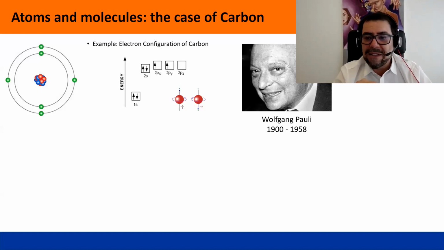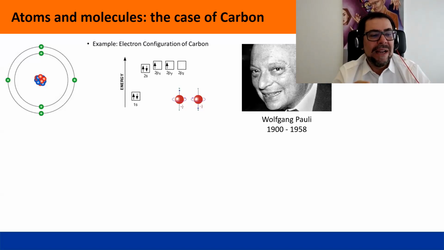So 2 electrons are in the lowest energy state, which is a very deep state. It's very close to the nucleus. So it's very tight to the nucleus. And then you have these other 4 electrons, which are in the next state, which is n equals 2, which has s and p orbitals.